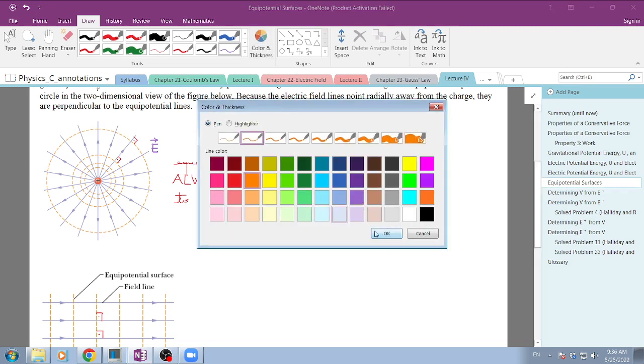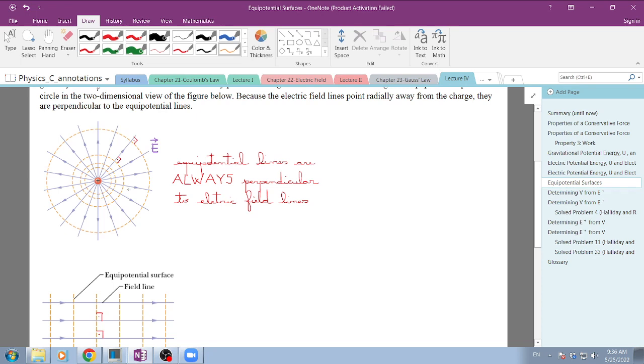So this is V, I don't know, let's call this V1. This point here would have the same potential, V1, and so on. For example, here would be V1 too. Of course, here you are going to have another potential, let's call it V2, and it's the same here. So all the points on this dashed orange line are going to have the same potential, so the value is the same.